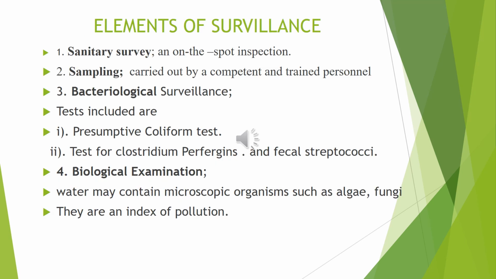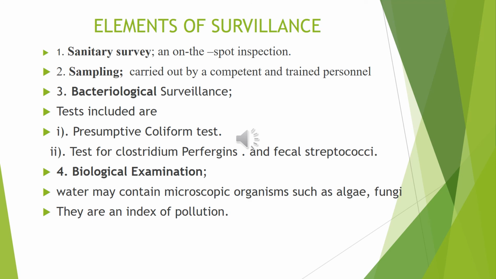Surveillance of drinking water is a health measure, and it is intended to protect the public from waterborne diseases. The elements of a surveillance program are: number one, sanitary surveys, which are on-the-spot inspections with evaluation done by a qualified person.